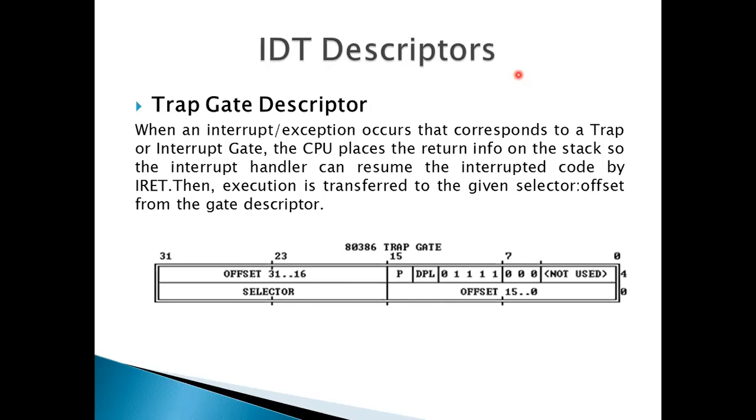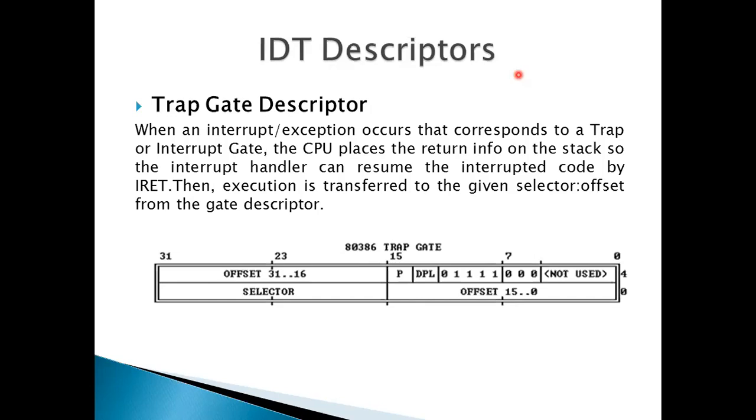Next, the third part is related to the trap gate descriptor. When an interrupt or exception occurs that corresponds to a trap or interrupt, the information is placed on the stack.